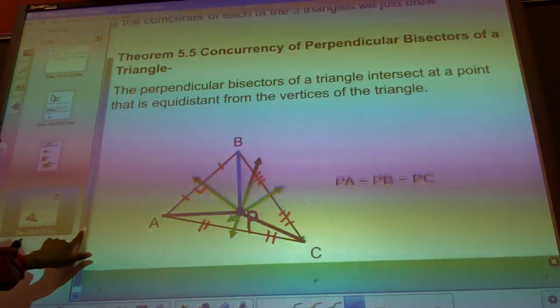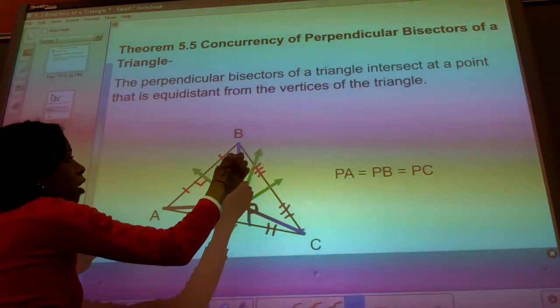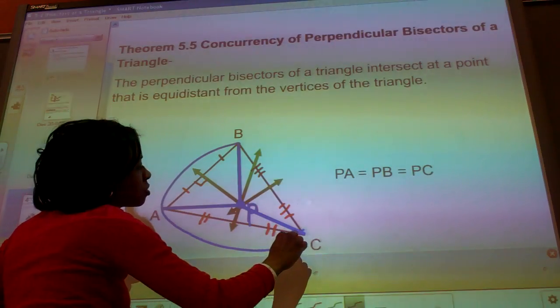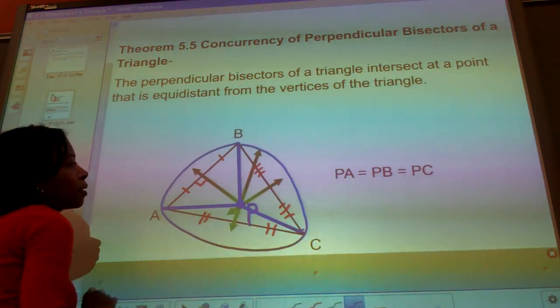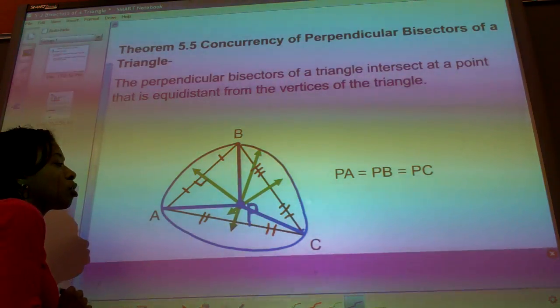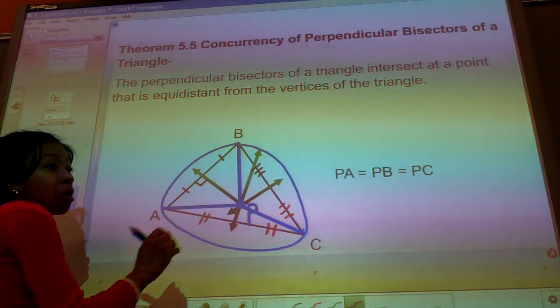What that means is, if I were to draw a circle, just imagine I had a nice round circle here. It's some kind of other shape, but anyway, if it were a perfect circle, it will be nice and even on all sides.